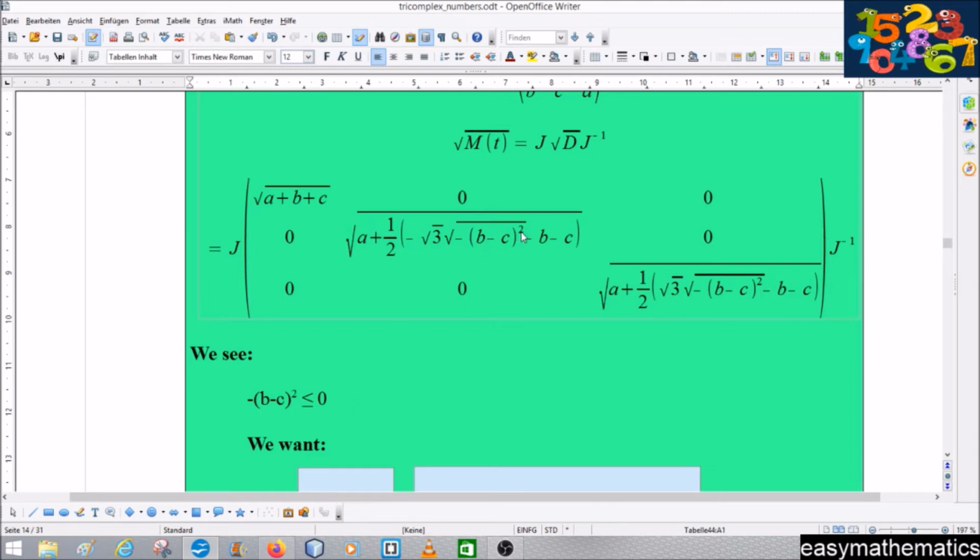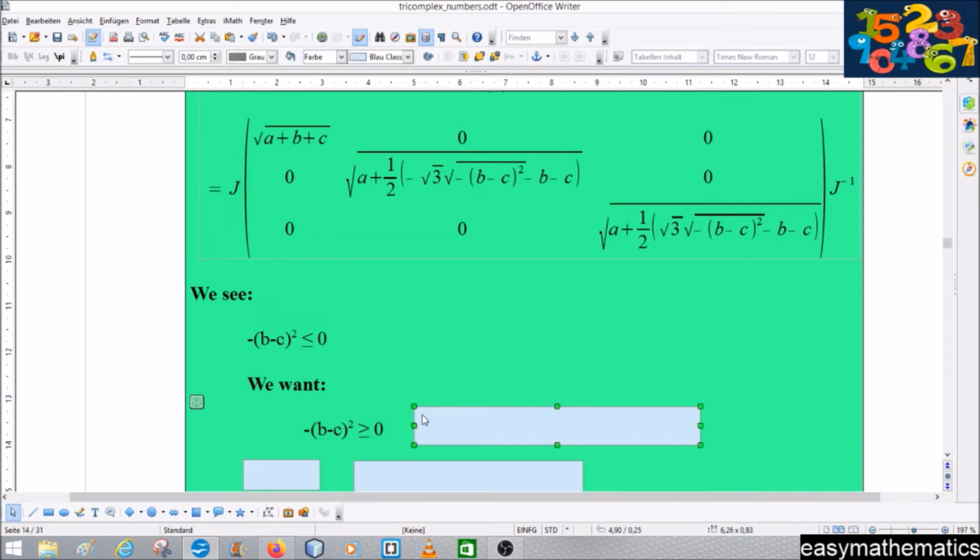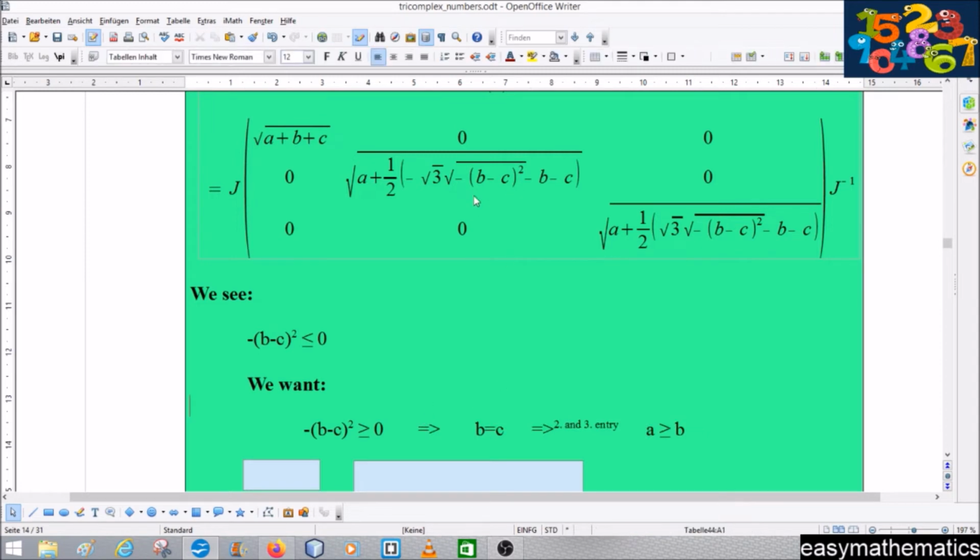So this is non-positive, okay? So it's equal or less than 0. But what we actually want is that this radicand is greater or equal to 0, and the only case we can reach is that b equals c. So in other words, this leads to a is bigger than b.